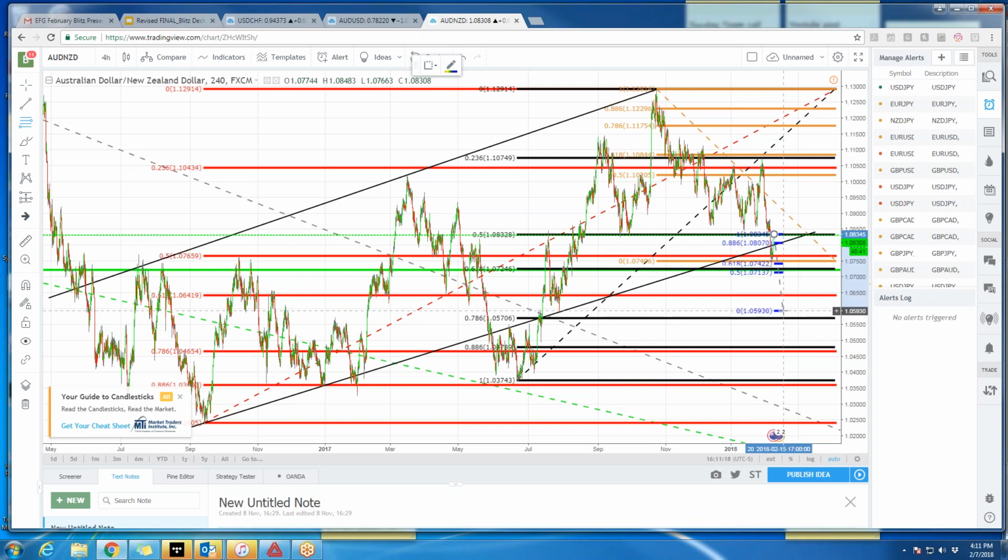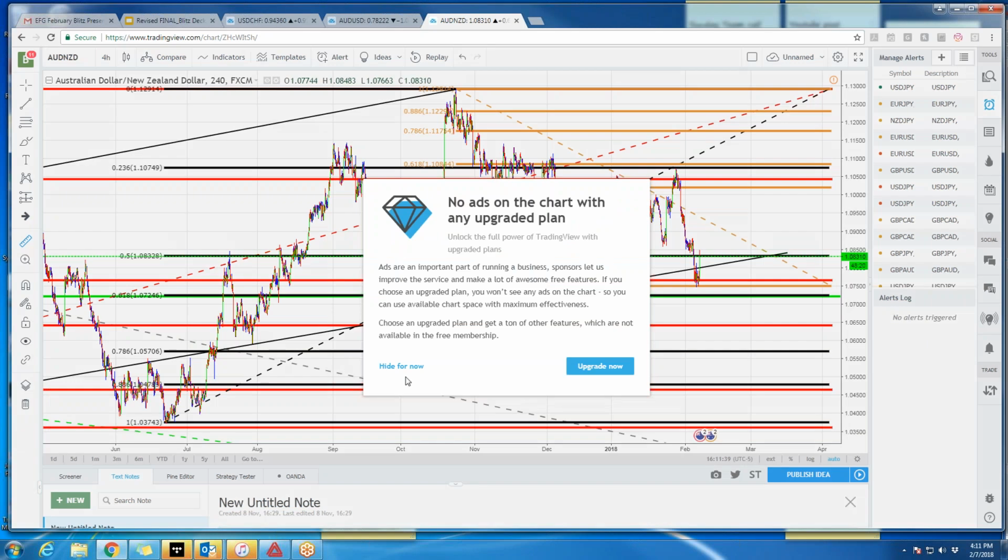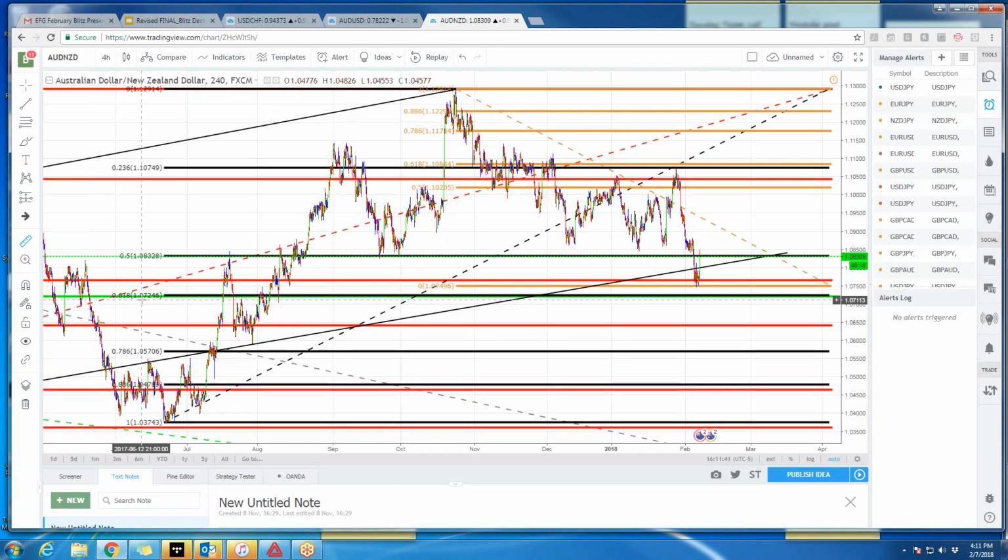Oh shit, I didn't even do that. Let's see how many pips that is. 260 pips. I actually would be watching it. I wouldn't get into it myself personally until it crosses the 61.8.